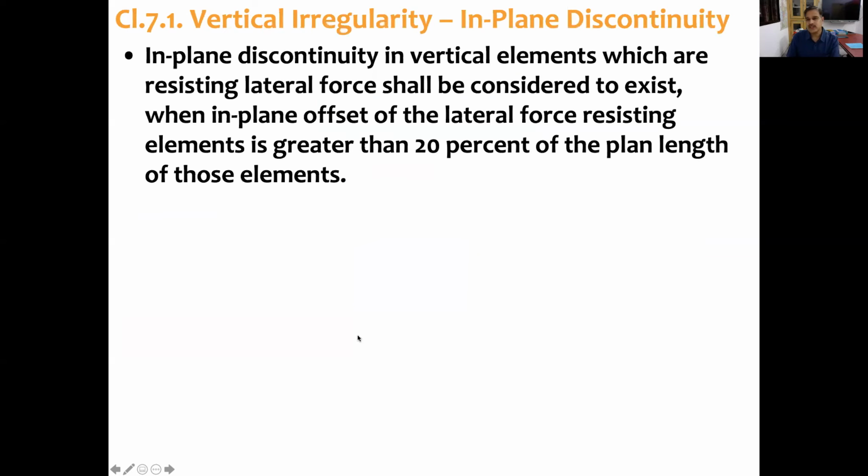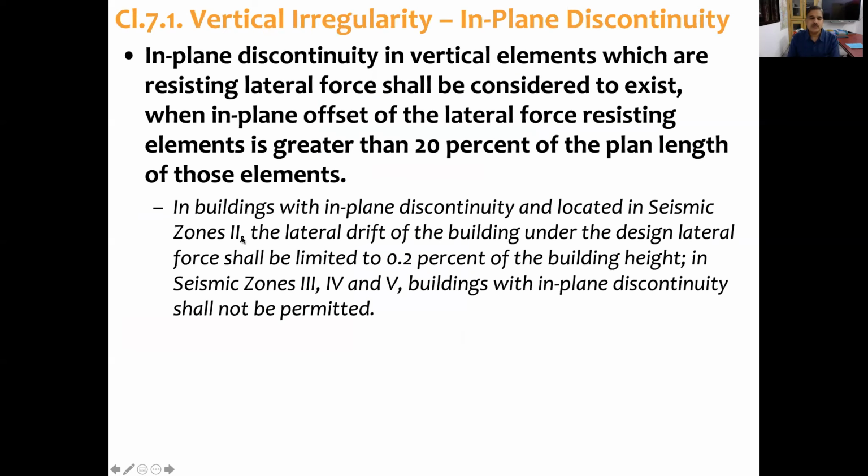So what does the code suggest for in-plane discontinuity? The code says, in buildings with in-plane discontinuity located in seismic zone 2, the lateral drift of the building under the design lateral force shall be limited to 0.2% of building height. In seismic zones 3, 4, and 5, buildings with in-plane discontinuity shall not be permitted.